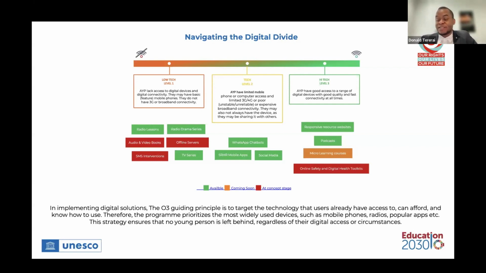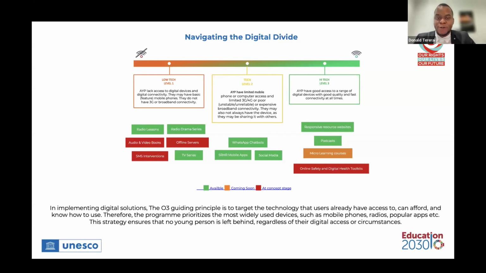And in medium tech, we find young people who have got limited mobile phone or computer access, and have got limited 3G or 4G, which is sometimes poor or unstable or unreliable. And still across the continent, broadband is still very, very expensive. Then we also find that these young people may not always have a device, as they may be sharing it with others.